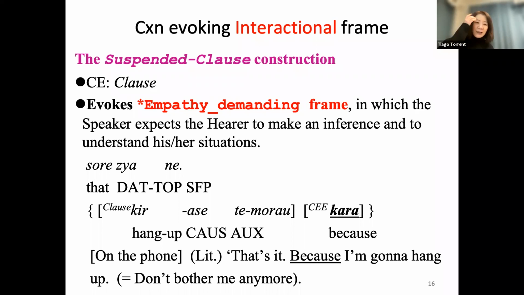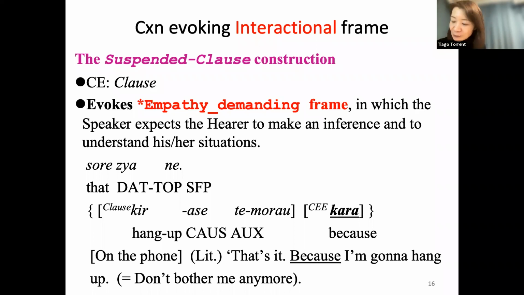It's just an example, but it seems like Japanese sentence-level constructions, clausal constructions, have specific functions built into them. And this is an example of trying to use a kind of interactional frame to talk about the meaning or the function of the construction.